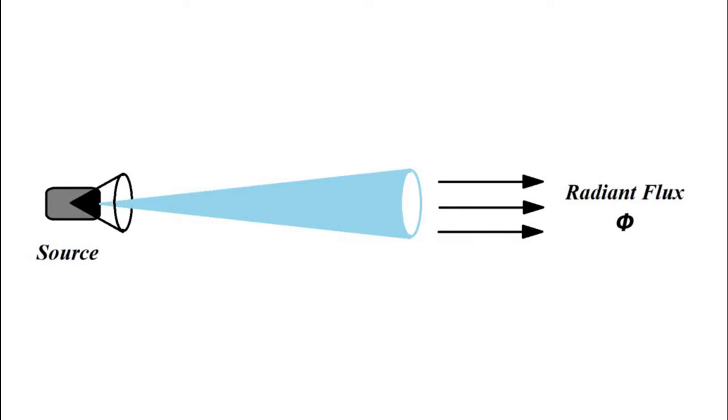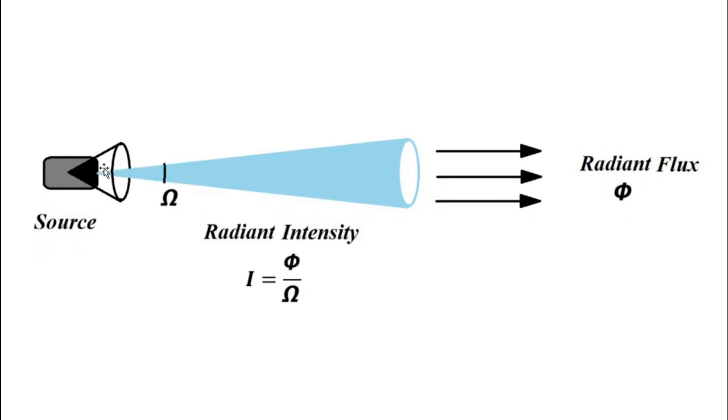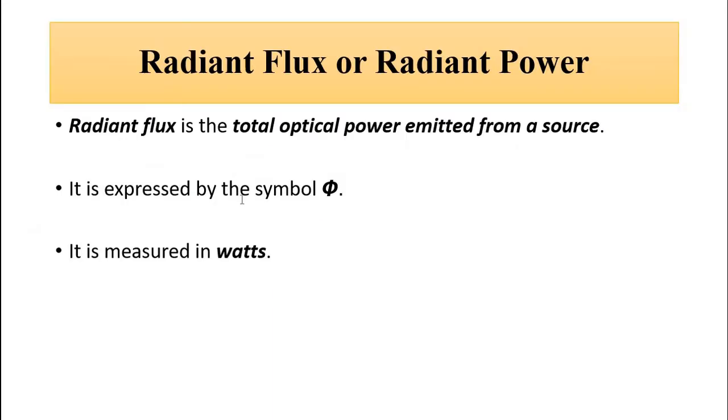Then there is radiant intensity, similar to luminous intensity. It is the radiant power emitted from the source per unit solid angle, which is measured in steradians. Another important thing which I missed: luminous power or luminous flux was measured in lumens, but radiant flux or radiant power is measured in the conventional unit, watts.